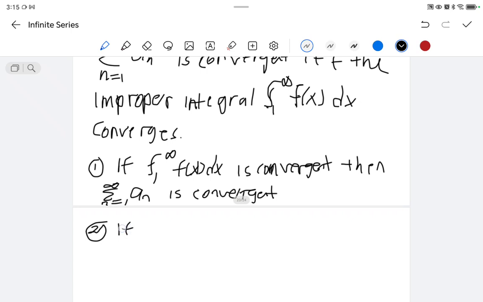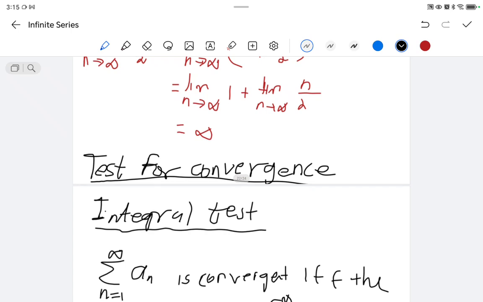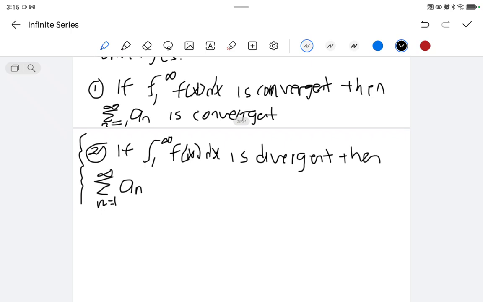So again, for this same integral of f of x dx, don't forget, even though it's a test for convergence, I said that when we talk about the test for convergence, we're saying that it either converges or diverges. So if this is divergent, then the same series, as when we were checking the harmonic series, we found this, is divergent.